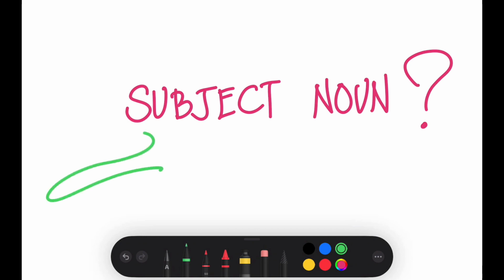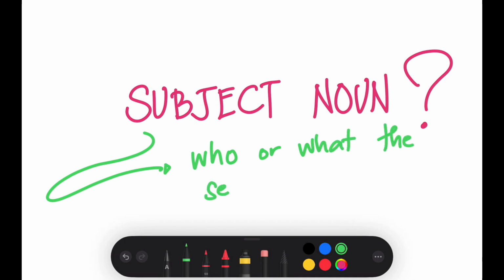Now, our page tells us that subject nouns are who or what the sentence is about, no? So that's the subject noun of a sentence. It tells us who or what the sentence is about.